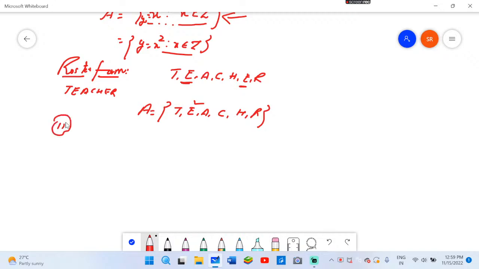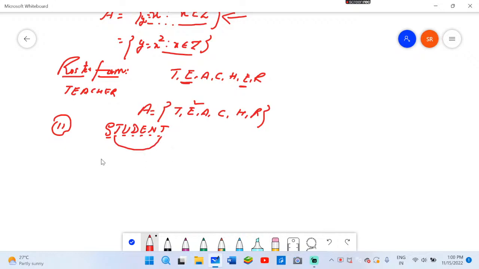Second problem is the word student. The letters used here are S, T, U, D, E, N, T. So T is used twice.